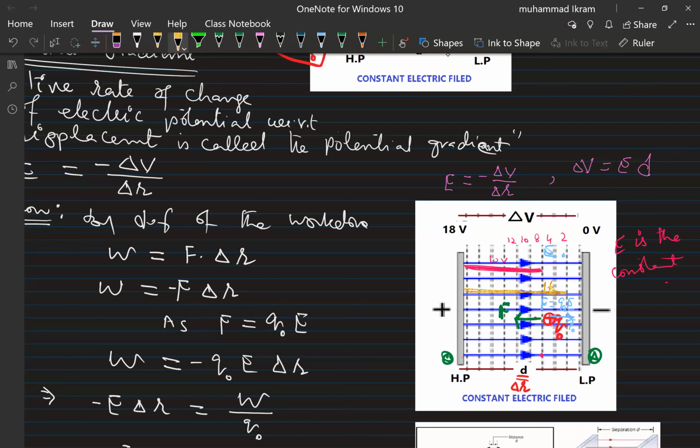So you have the same electric field intensity everywhere, right? V equals K Q by R. So if R increases, V decreases. If R decreases, V increases. Is it clear?